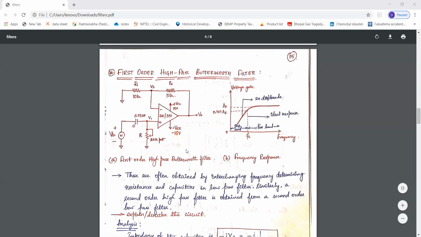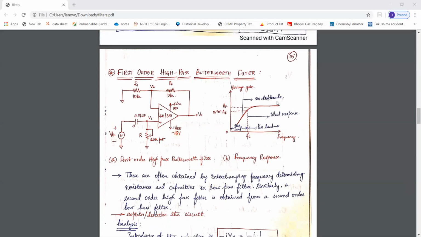This is the configuration of the first order high pass Butterworth filter, and this is its frequency response. It allows the higher frequencies and attenuates the lower frequencies, and this is the cutoff frequency FL. Since this is first order, the roll off rate is 20 dB per decade.